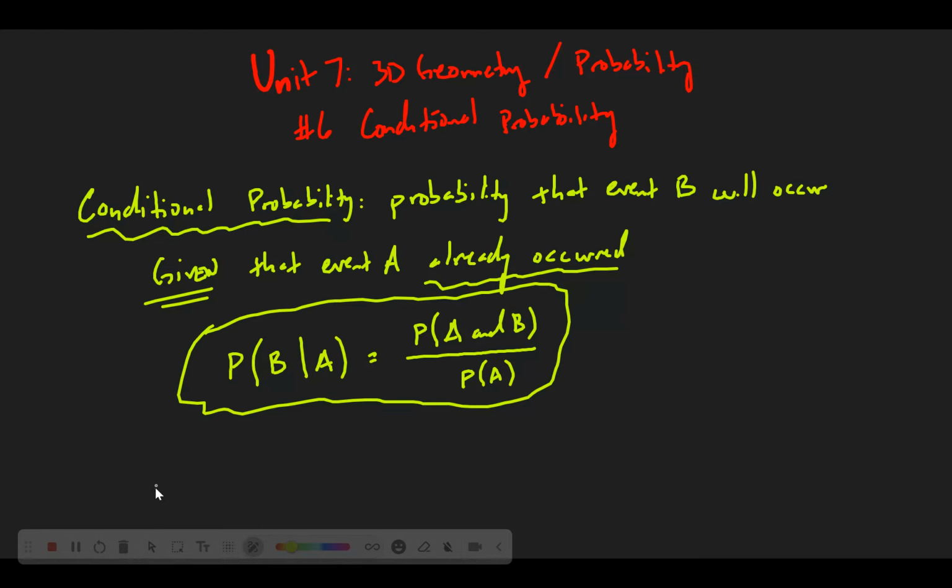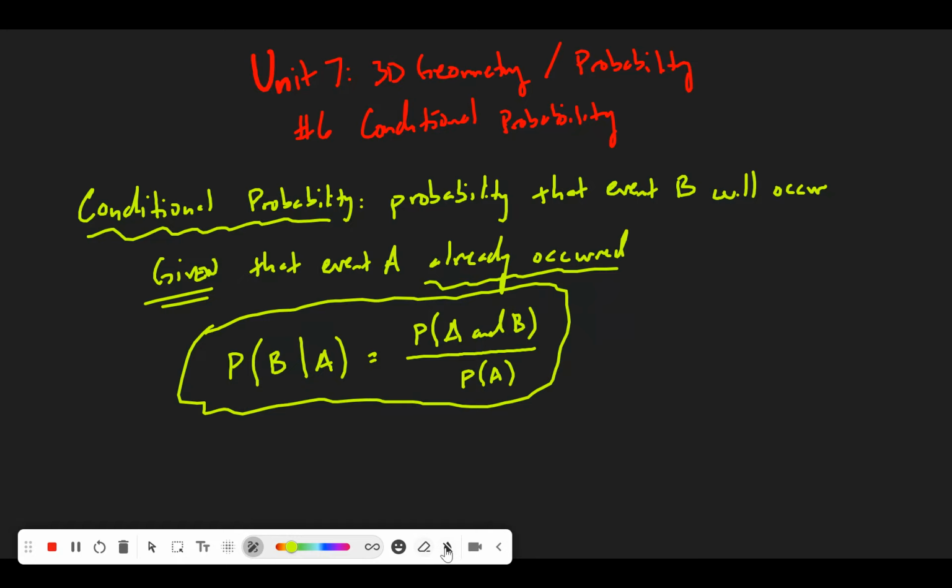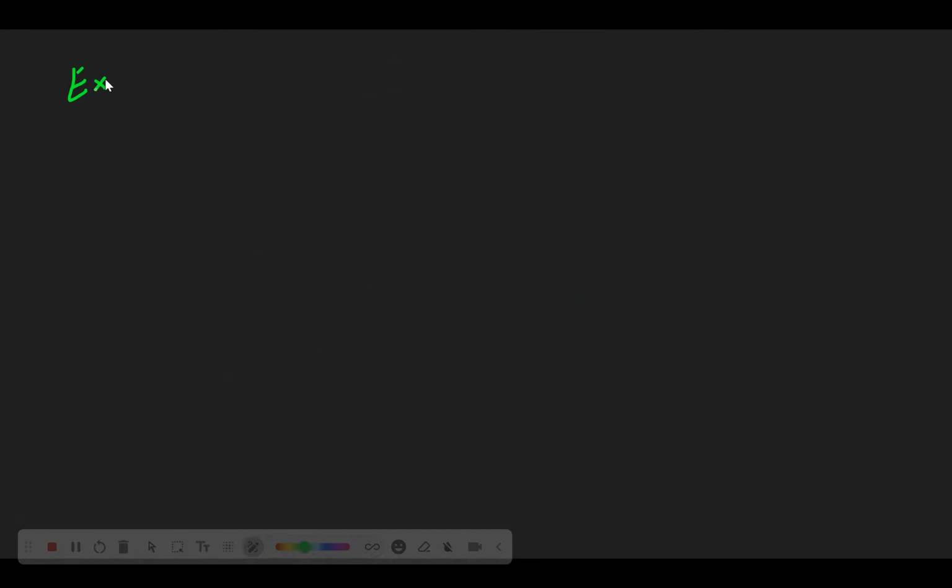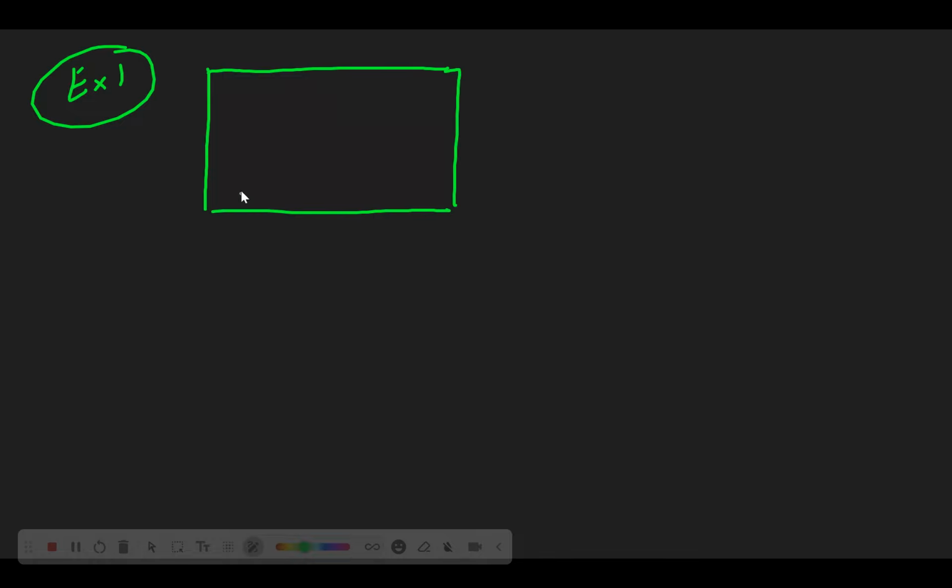All right, so I have an example to go over with you on conditional probability. This is example 1. Of course we have a table here, so I'm going to make the table with you first. This is about grades and gender.